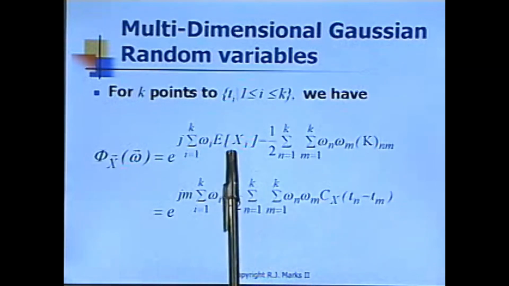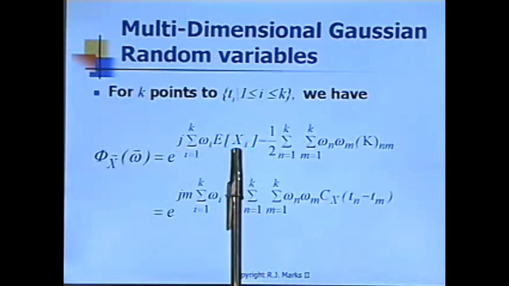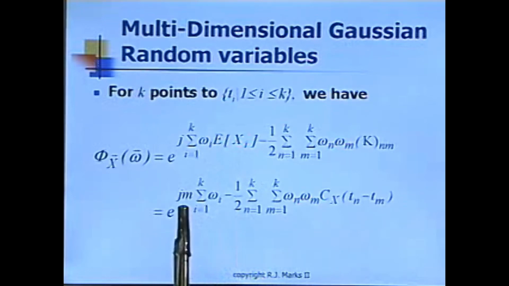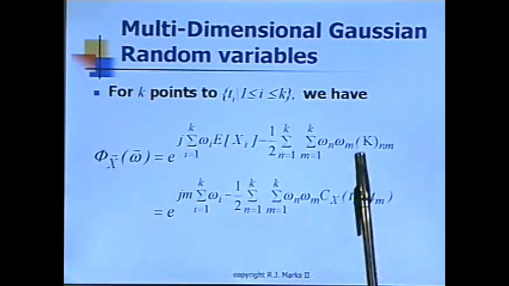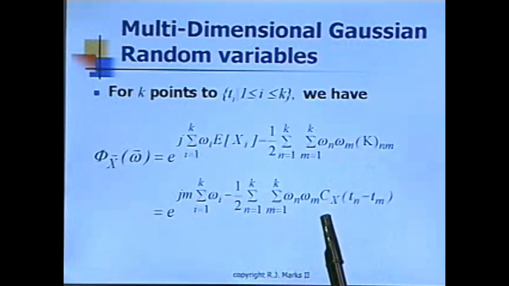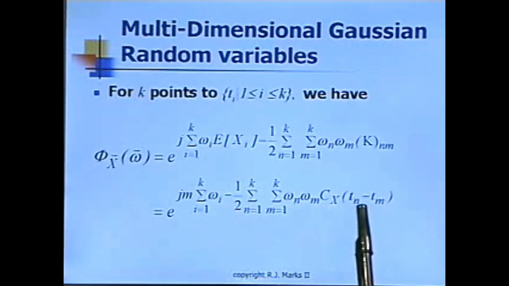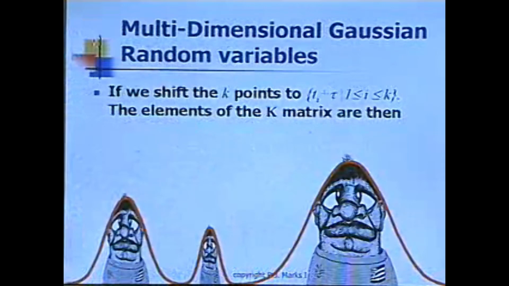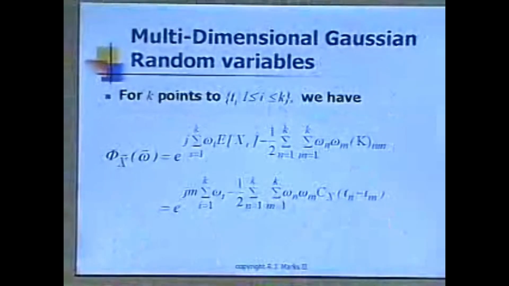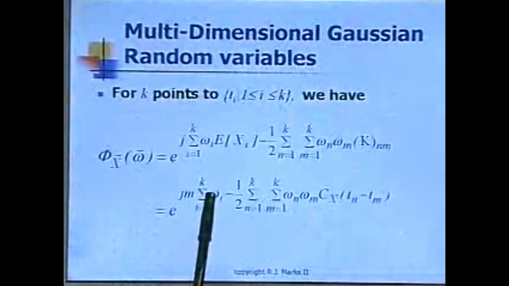In that case, what does the expected value of each of those samples become? It simply becomes the mean, correct? So therefore, we can take this expected value outside the summation sign. We have the mean here. In a similar fashion, we've shown the autocovariance is just a function of the difference between the 2 points t sub n and t sub m because of the wide sense stationary assumption. Now, here's what we're going to do. I'm going to shift the points.